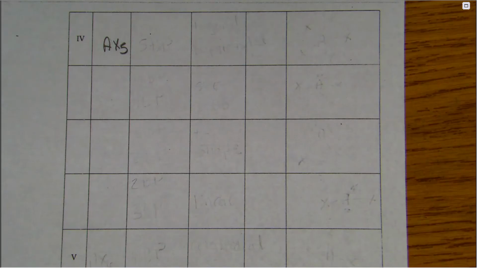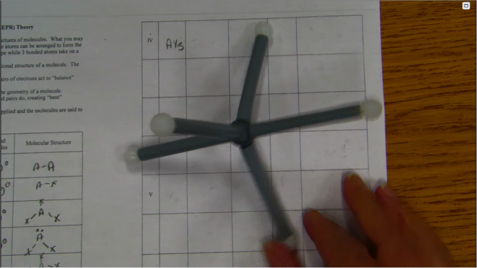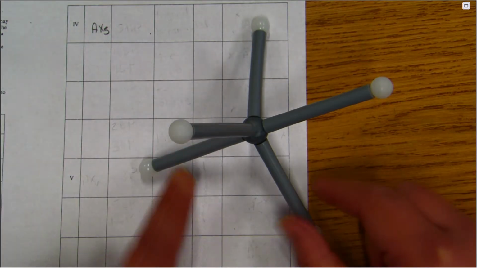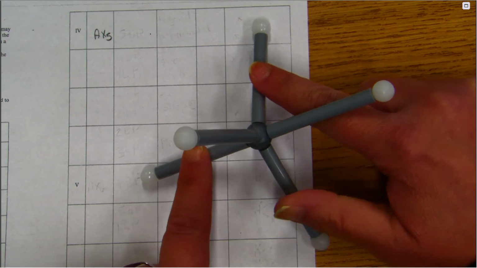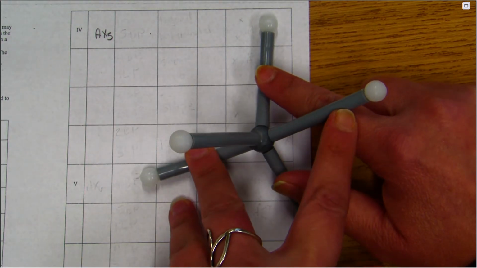Let's say that we wanted to have 5 things around the central atom. Let me zoom out so we can see. Here are my 5 things, and they are all bonding pairs: 1, 2, 3, 4, 5 bonding pairs.